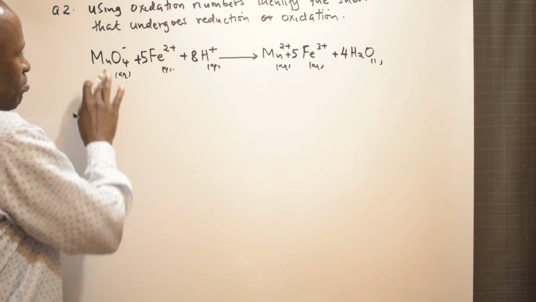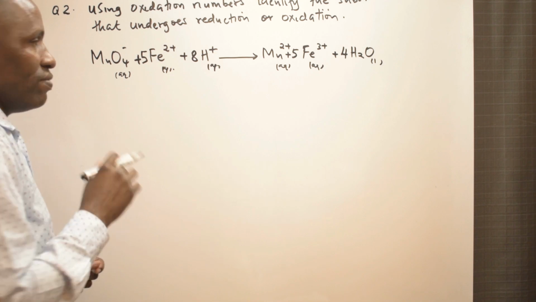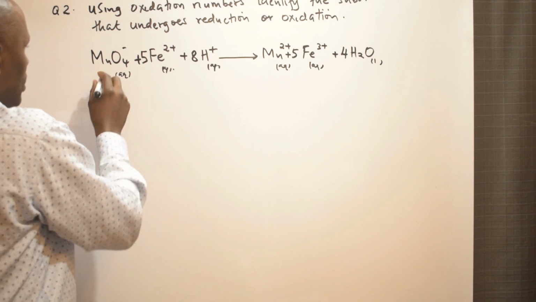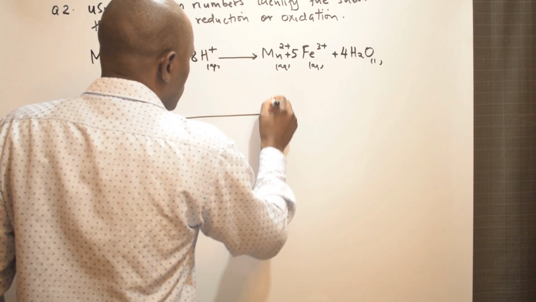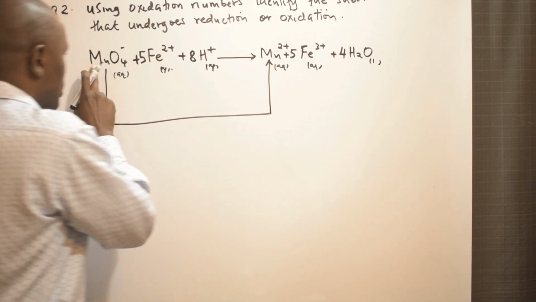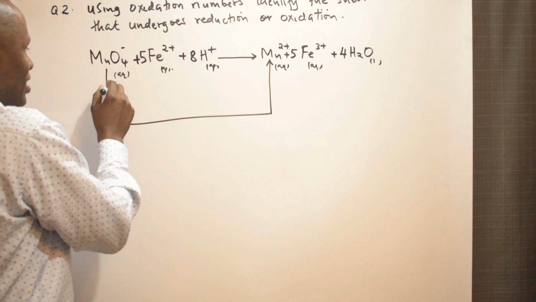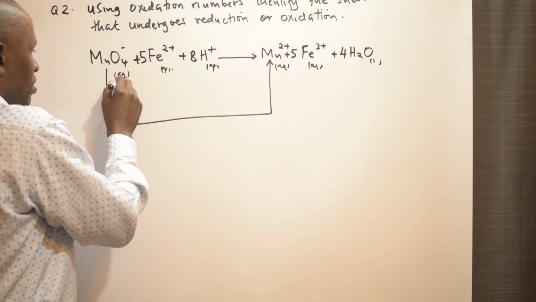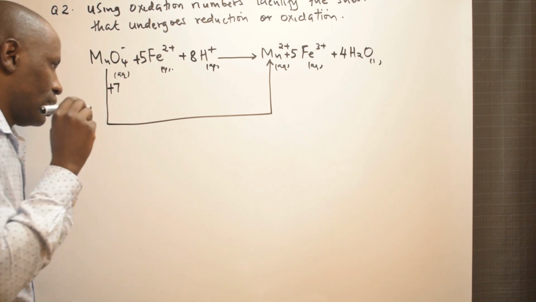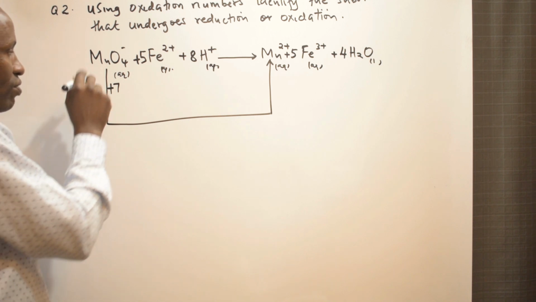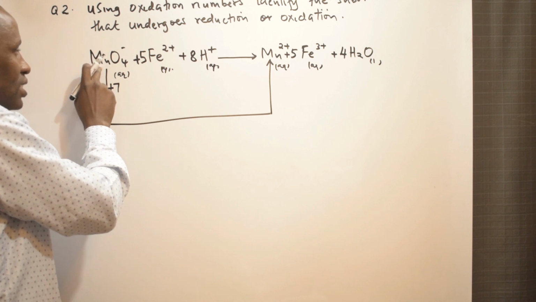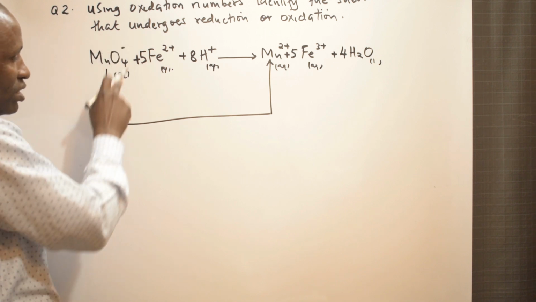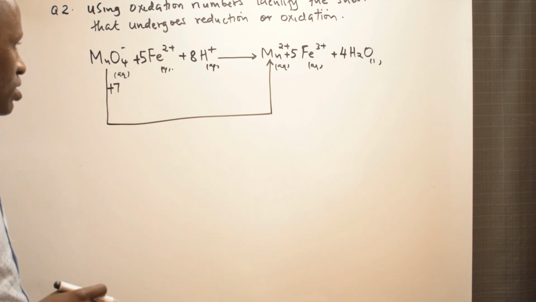We've just said that the oxidation number of manganese in manganate ions was positive 7. Of course, we did it by multiplying minus 2 times 4 plus x and equating to negative 1. It gave us a positive 7.